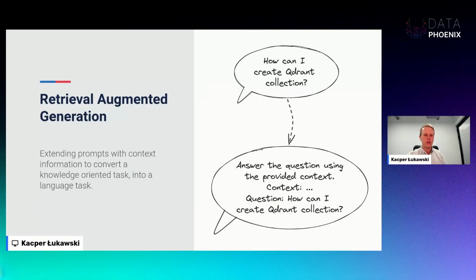We cannot avoid hallucinations 100% of the time, but we can reduce their number by performing so-called retrieval augmented generation. Large language models were trained to solve some language tasks, like summarize this text or extract names of people from that piece of text. But we shouldn't be relying on their internal knowledge.